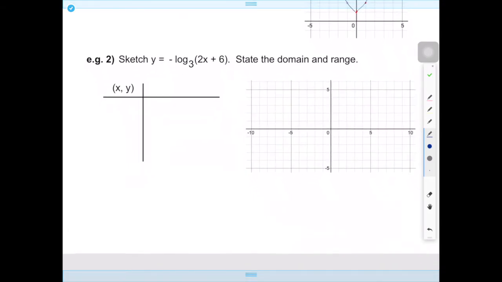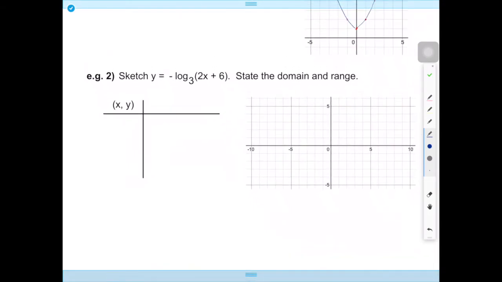Let's take a look at a transformation of a log function instead. So here we have y equals negative log base 3 of 2x plus 6. I noticed that the 2x is not factored, so this can be written as negative log base 3 of 2 times (x plus 3).